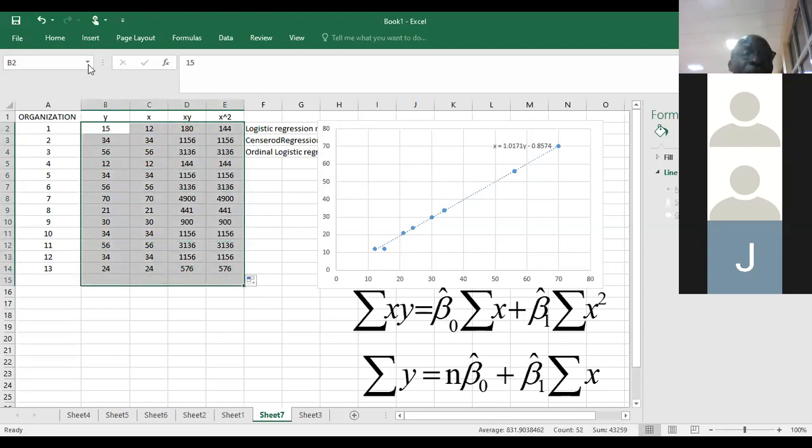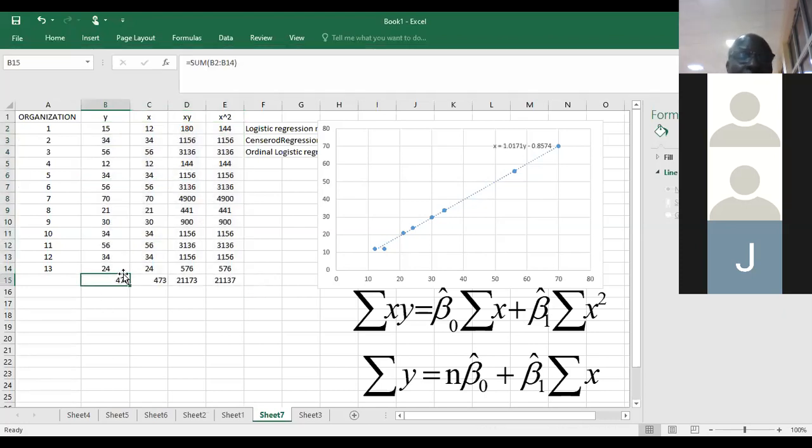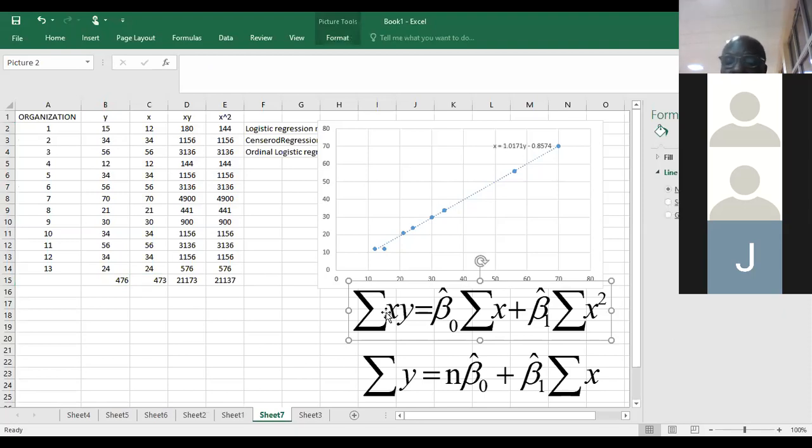Please, now this one I'm telling you, take your notes and paper and write the sums I'm giving you. Sigma y is equal to 476.